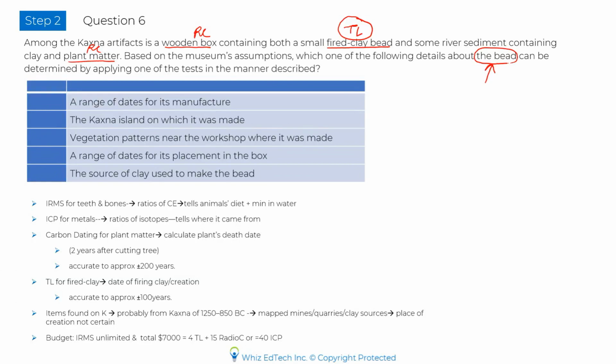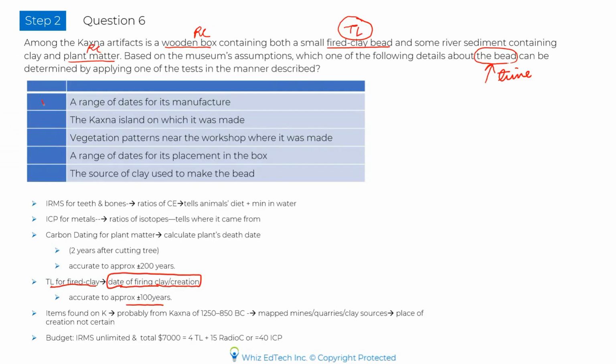We know that the fired clay technique can tell us the date of creation of that object, and that date is accurate to plus or minus 100 years. So what we can know is the time of its manufacture, the date of its creation.